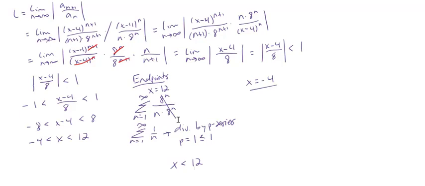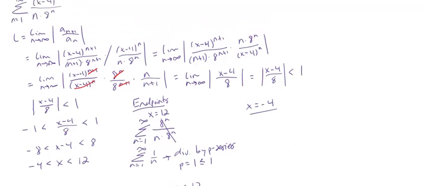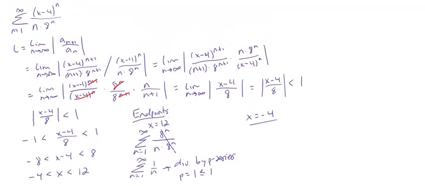All right, at x equals negative 4. Come up here so we can see it. I'm going to get sigma n equals 1 to infinity. The top's going to be, sorry, the bottom's going to be n times 8 to the n. The top, all right, negative 4. If I do negative 4 minus 4, that's negative 8.